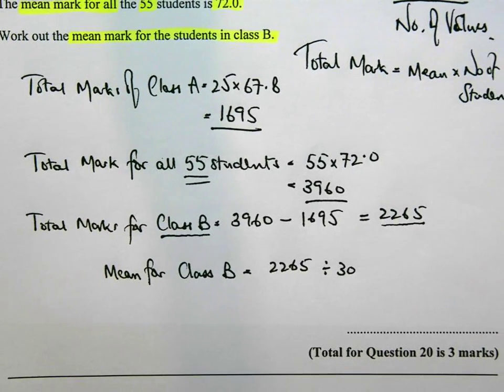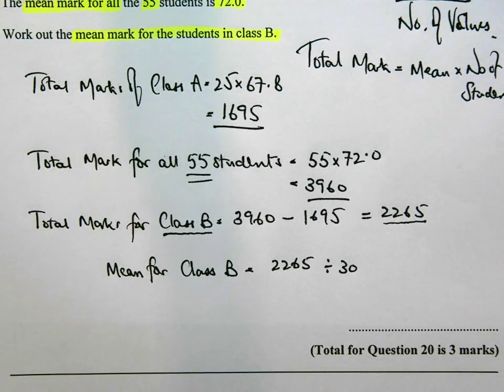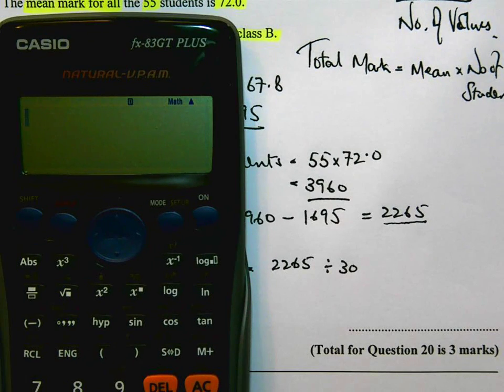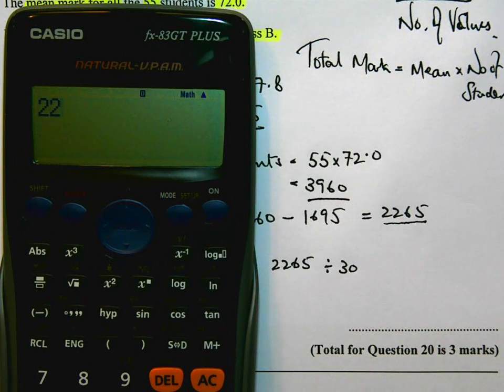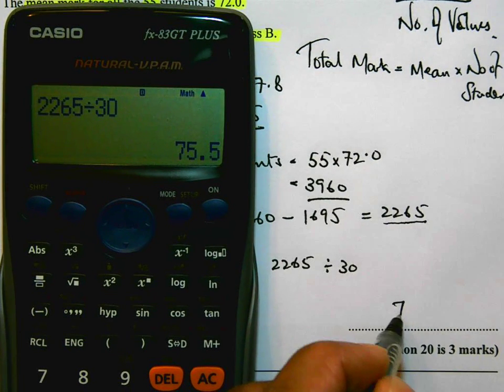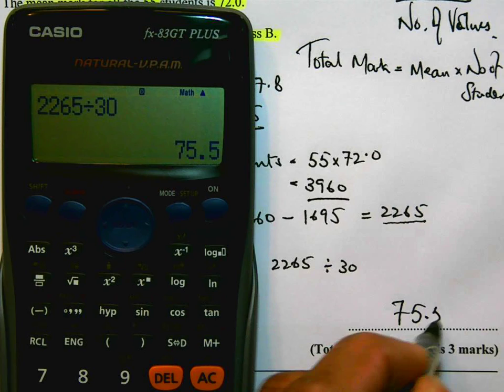If I just position this so you can see the answer space, you can understand what workings I've done so far. And let's just do this last bit. 2,265 divided by 30 equals 75.5, and that's what goes in the answer space, 75.5.